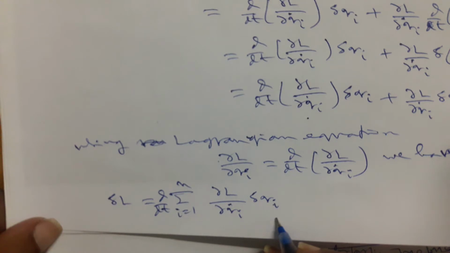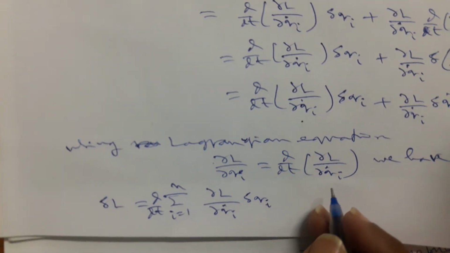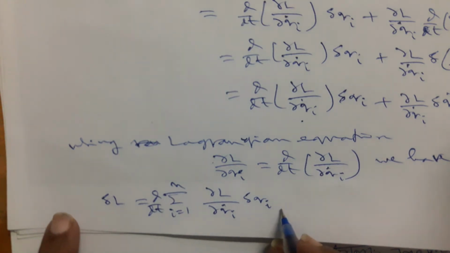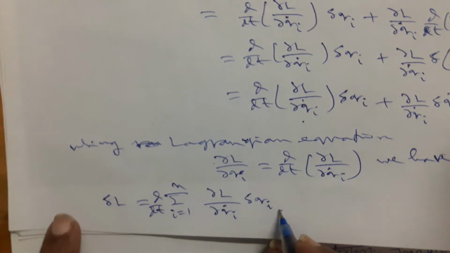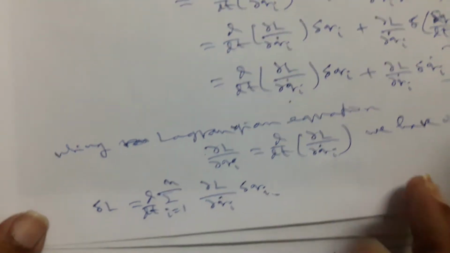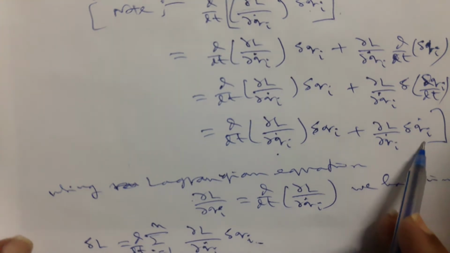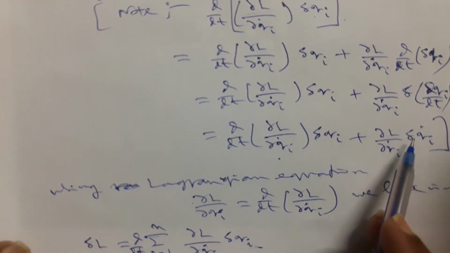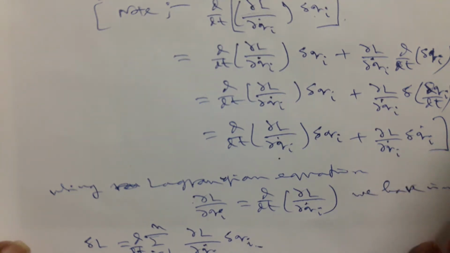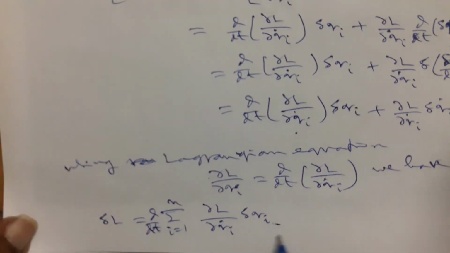It will be ∂L/∂qi dot equals ∂L/∂qi, and here we find ∂L/∂qi dot.